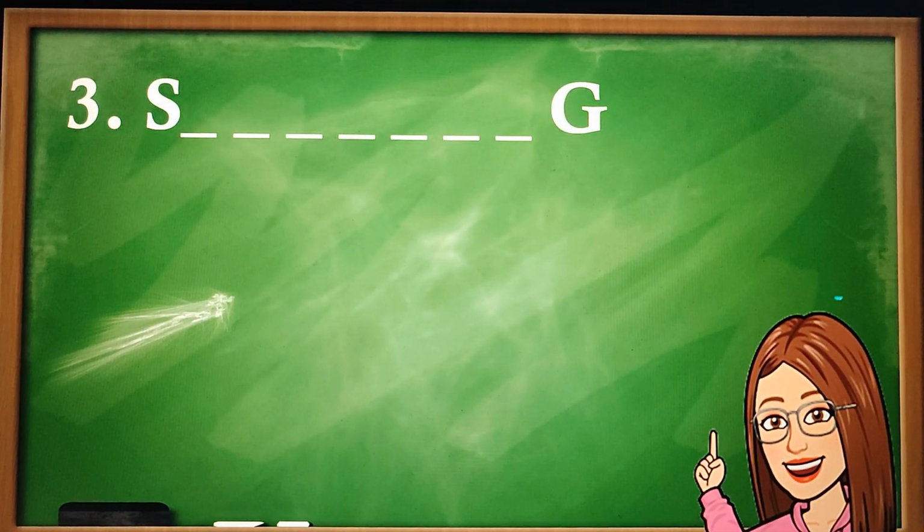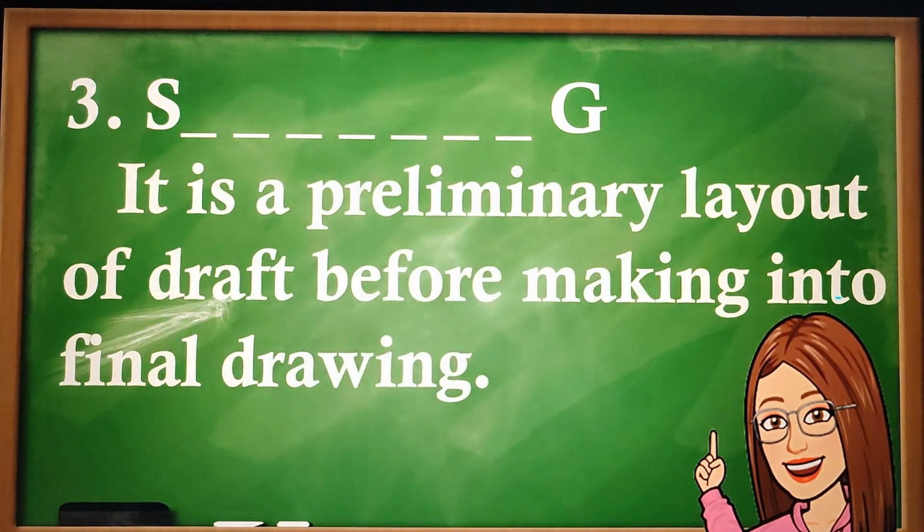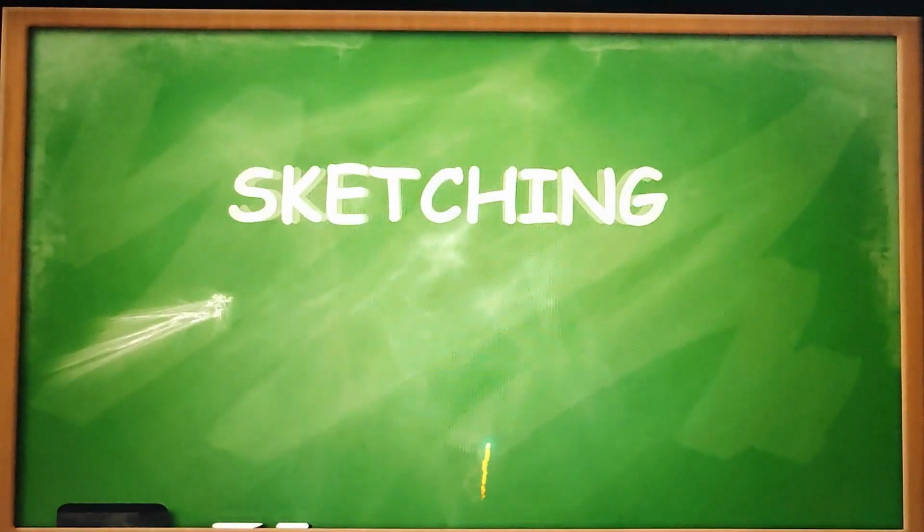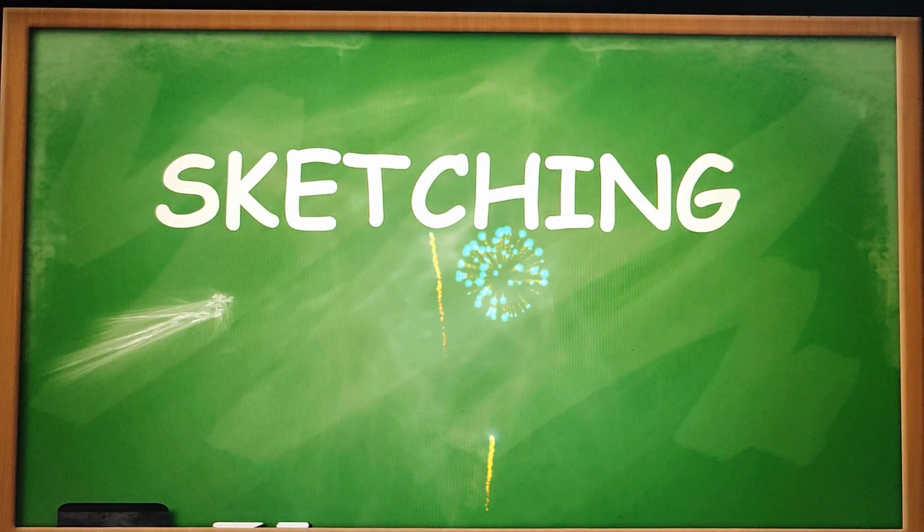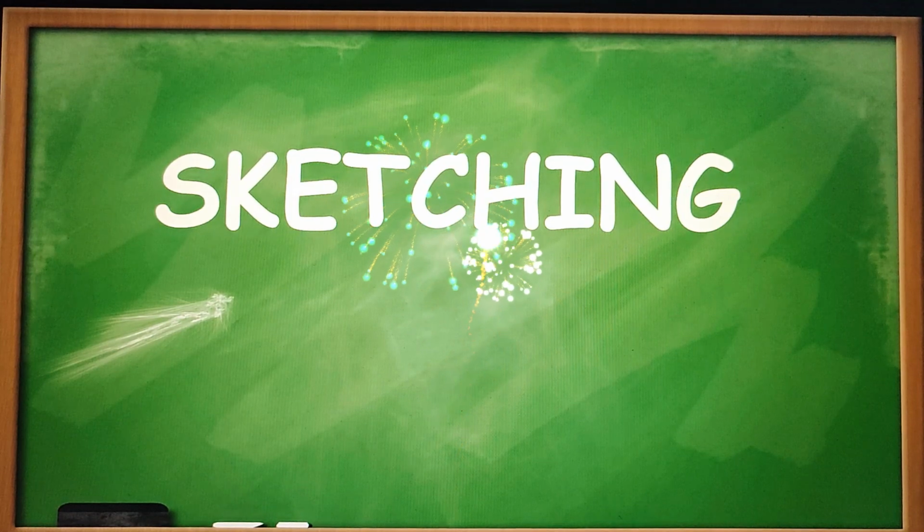Look again at the next number. 9-letter word. It starts with S and ends with G. It is a preliminary layout or draft before making a final drawing. If your answer is sketching, you are absolutely right.